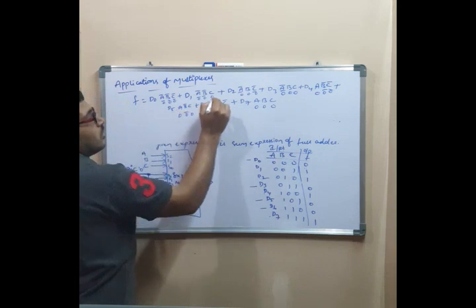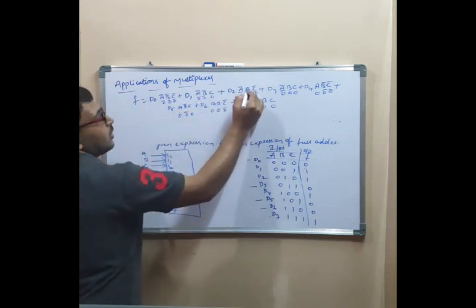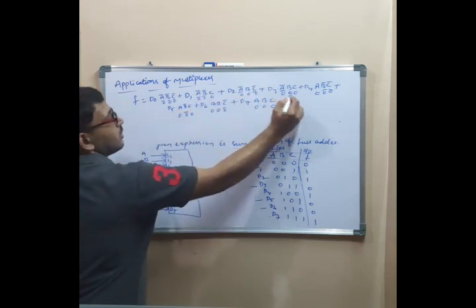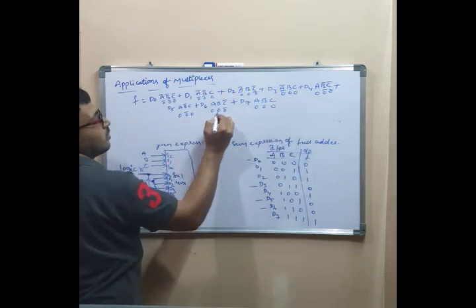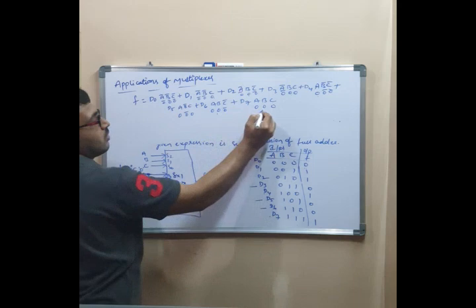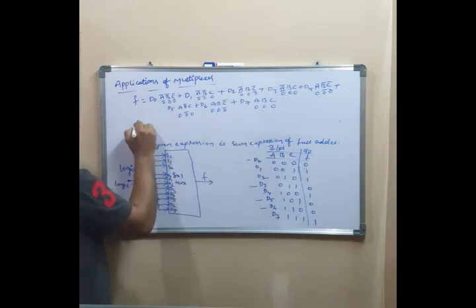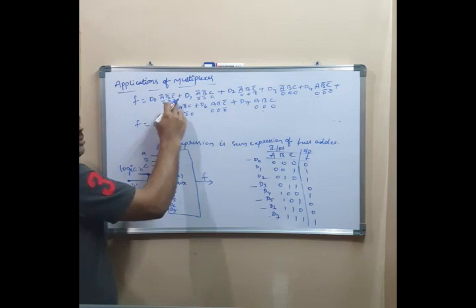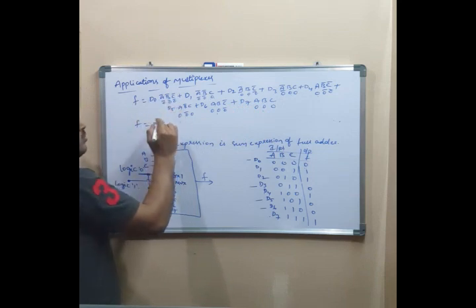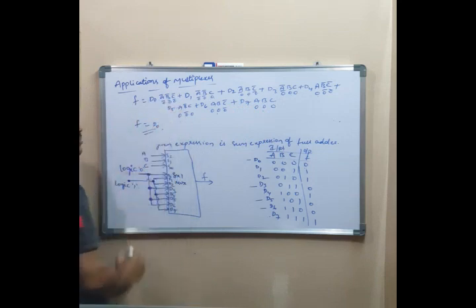So 0 into anything will be 0. So finally the leftover term is 0 complement, 0 complement, 0 complement, which will become 1 D naught.